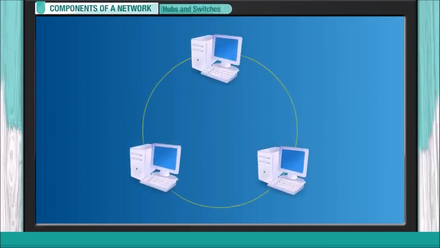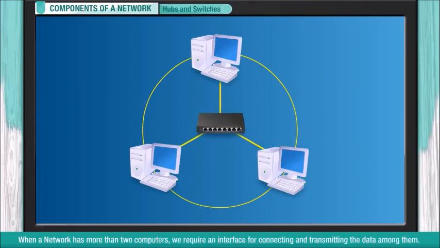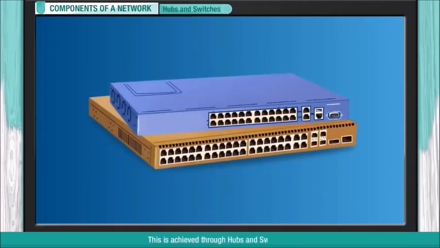Hubs and switches. When a network has more than two computers, we require an interface for connecting and transmitting the data among them. This is achieved through hubs and switches. Each computer on a network is connected to hub or switch through Ethernet cable.